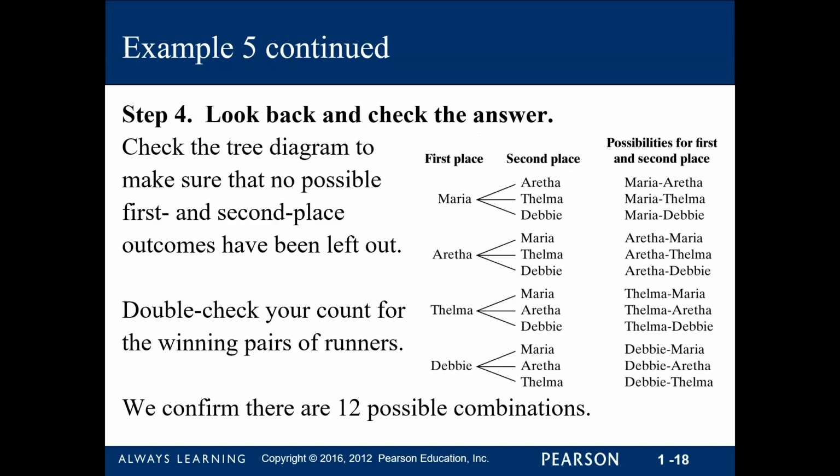We can confirm, and you can always double check. Did you get all the ladies in first place? Yes, as you can see, everybody had the chance to be a first placer. And then of course, you have to check that the second placers are not the one in first place anymore. So you can confirm here that there are 12 possible combinations for the result of the race.